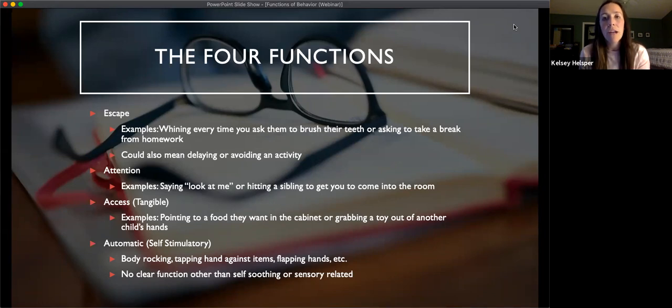So, really, they're not trying to get anything out of it. They're not really trying to get more access or your attention or anything. They're just automatically reinforced by that motion or that feeling. So with those, sometimes the function just isn't clear. They're more so doing it to self-soothe or to get that sensory input.